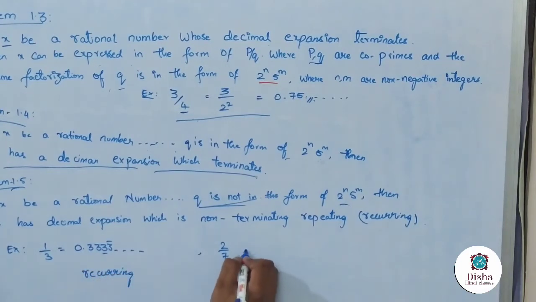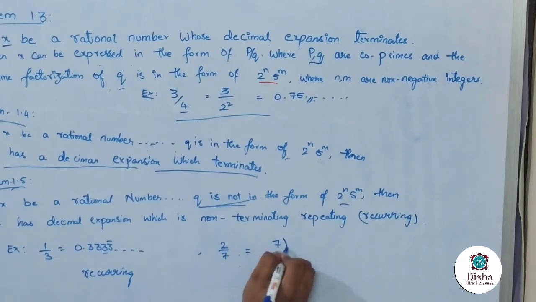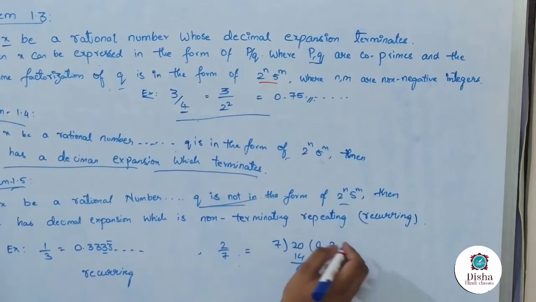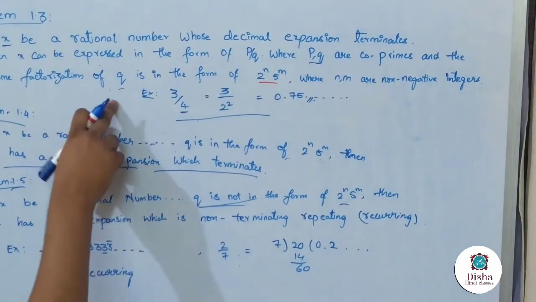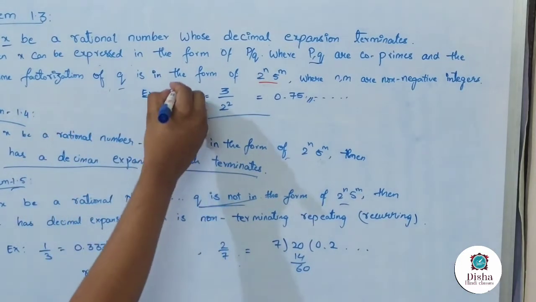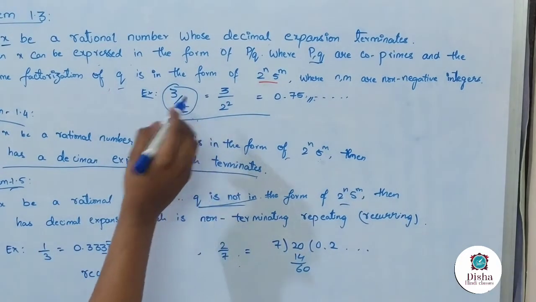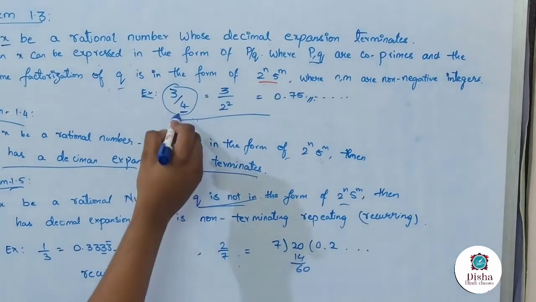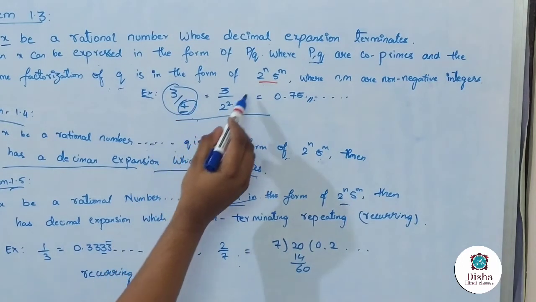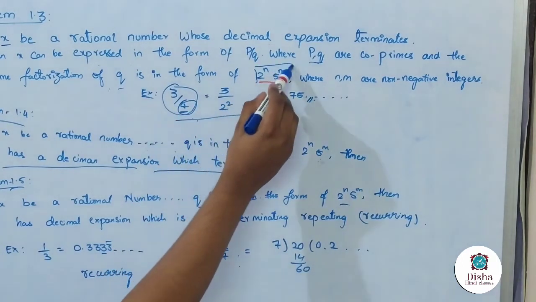And here 2 by 7 also. If we divide 2 by 7, we take 0, that is 2. We get 14. Again it will be continuing like this only. So we get a number which is non-terminating, repeating. So this is the whole concept of these three theorems, which is based totally on theorem 1.3, which says that a rational number is in the form of p by q, where p and q are co-primes, and the prime factorization of q is in the form of 2 power n into 5 power m.